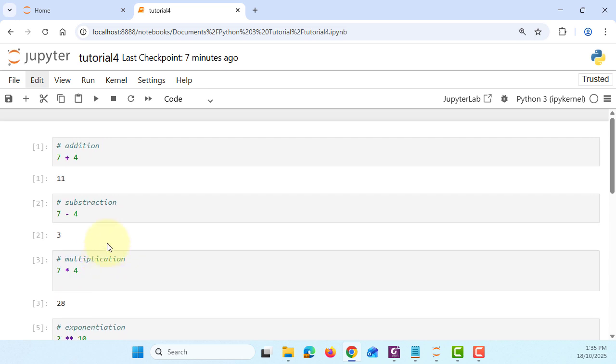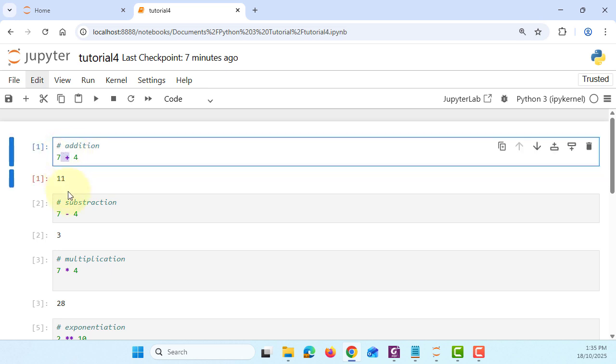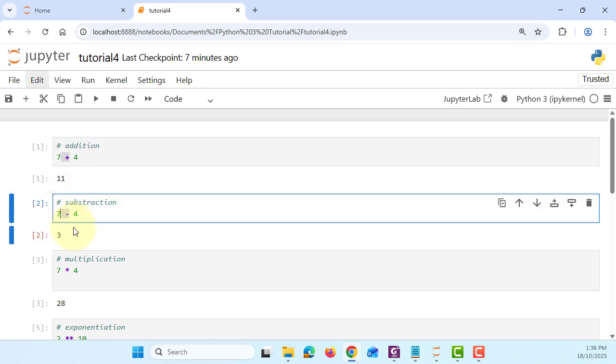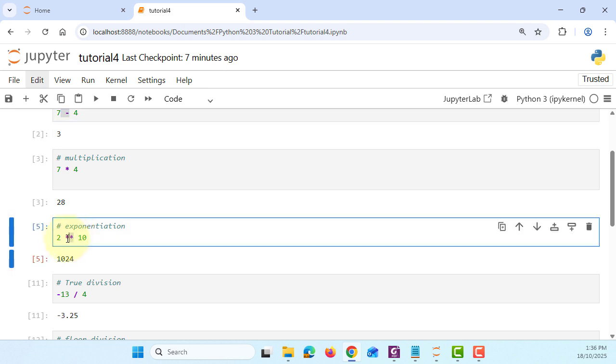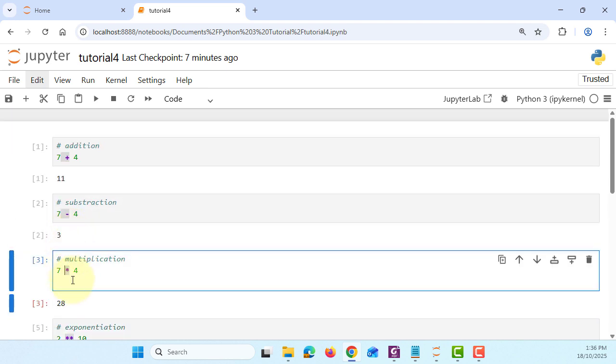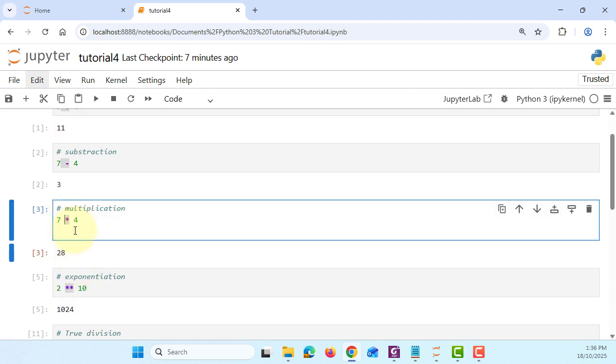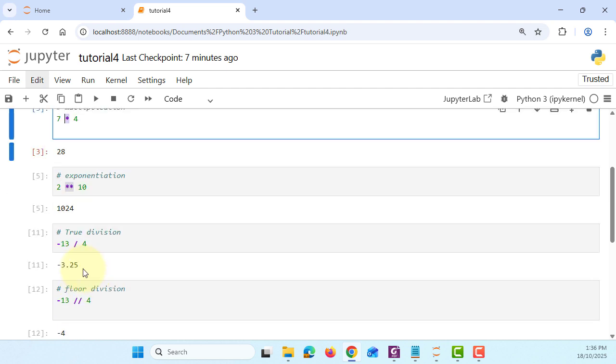So let me go back. In arithmetic operators, there is addition, something you already know. Subtraction, straightforward. Multiplication, here 7 multiplied by 4. Usually we say 2 power of 10, exponentiation.